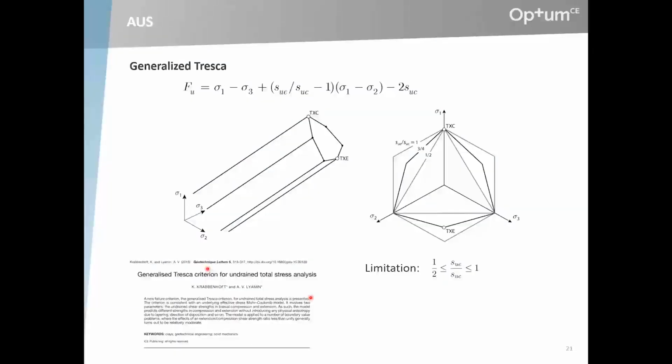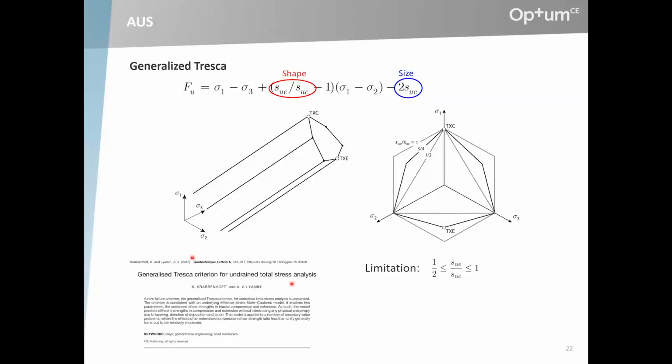This is the equation for the failure surface. It involves all three principal stresses, and you can think of it as involving two parameters, either the strengths themselves, or the strength ratio, which gives the shape of the surface in the deviatoric plane, and then the compressive strength, which you could say dictates the size. We wrote a paper about that a couple of years ago.